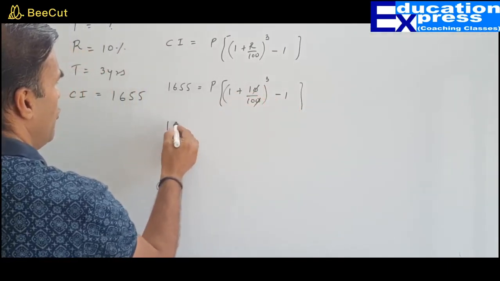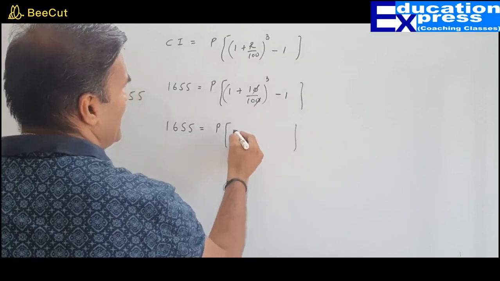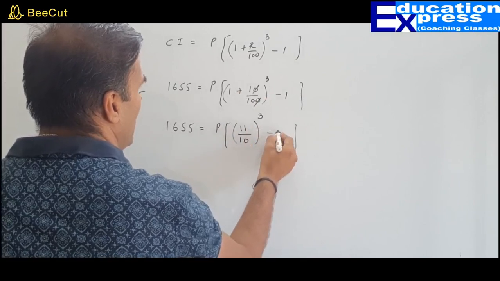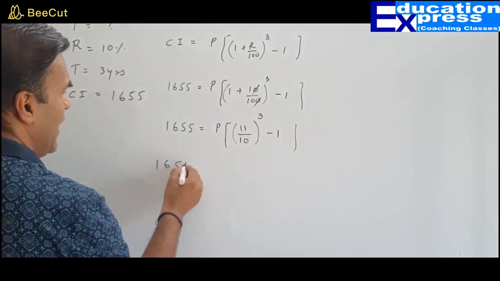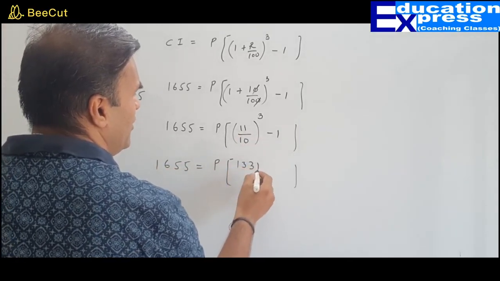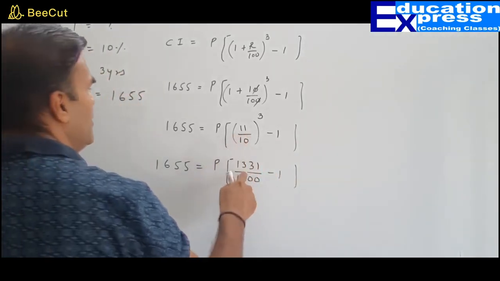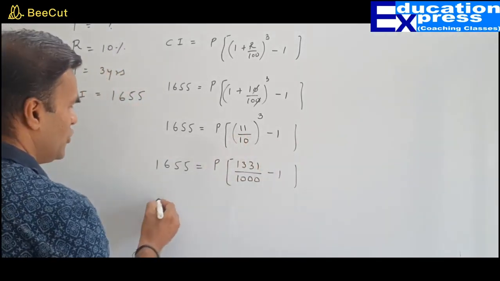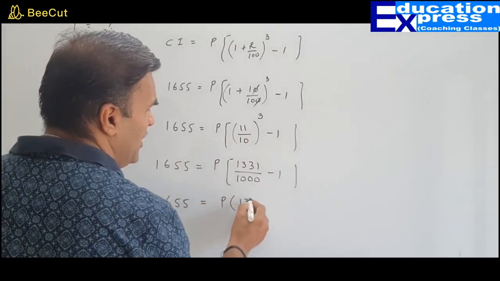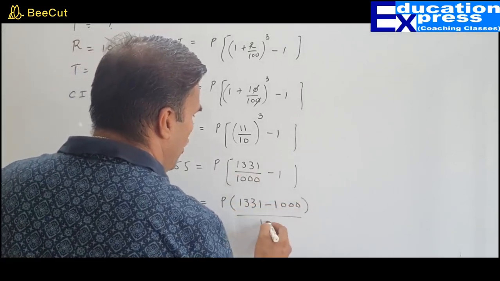Zero cancels zero. 1655 equals P times (11 upon 10, whole thing raised to 3, minus 1). 1655 equals P times (11 into 11 into 11, 1331 upon 1000). You should also remember that 11 cube is 1331. It will be helpful to you later also. 1655 equals P times (1331 minus 1000, the whole upon 1000).